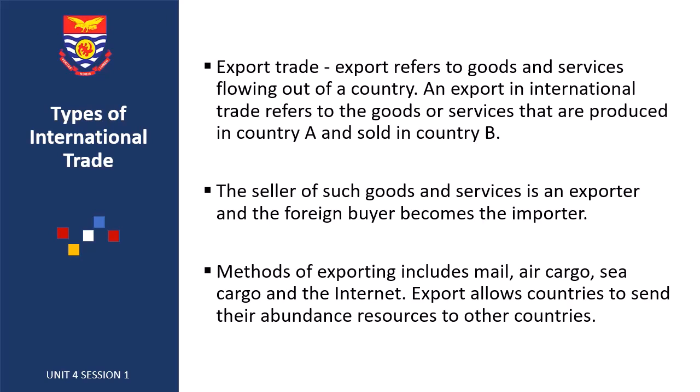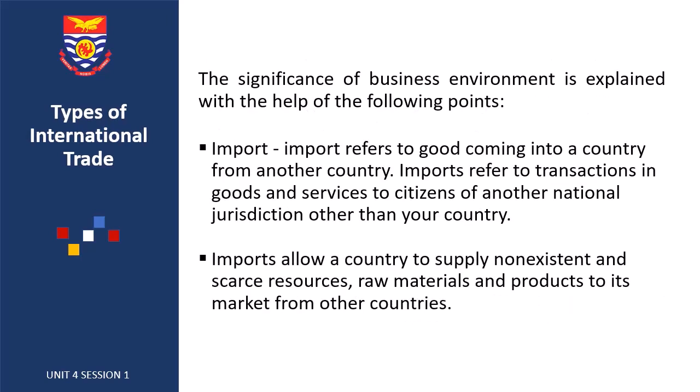You may say that there are a lot of Ghanaian nurses in Ghana, so let's move some of them to the UK to work on behalf of the government or work based on an agreement. So all of these things can serve as a type of international trade when it comes to export trade.